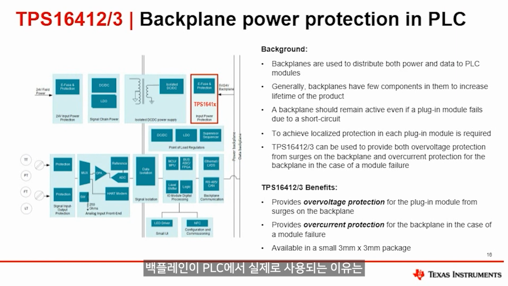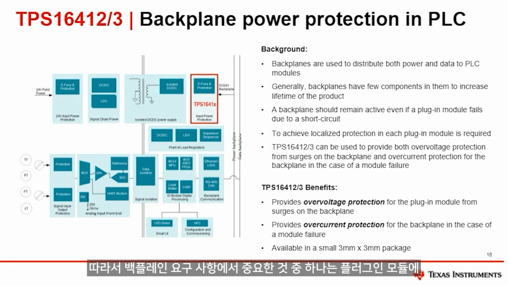In terms of background, what backplanes are used for in PLCs is to distribute both power and data to different PLC modules that can be hot swapped in or plugged into the PLC backplane. Generally, these have few components just to increase the lifetime of the backplane, so any type of protection would need to be placed in the individual modules themselves.